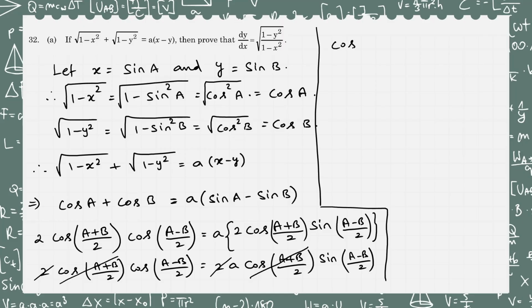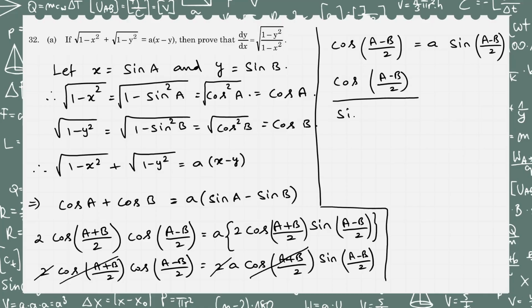So the remaining items are cos (A minus B)/2 equal to a times sin (A minus B)/2. This can be simplified further. This sin (A minus B)/2 we can bring to the other side. So cos by sin of the same angle will be cot of the angle. So cot of (A minus B)/2 equal to a.